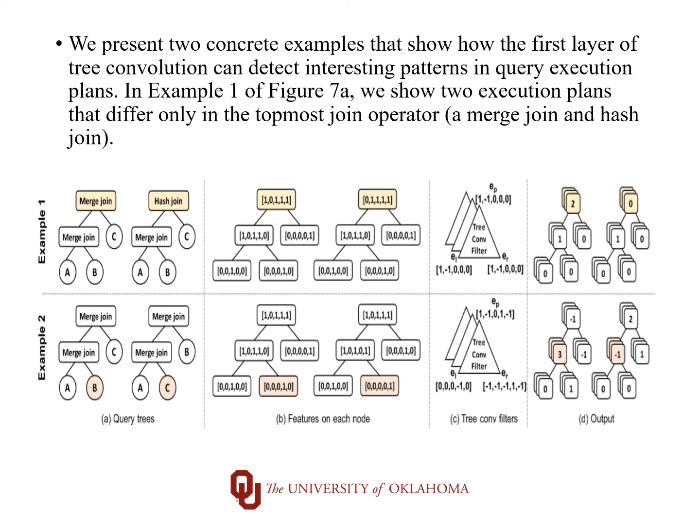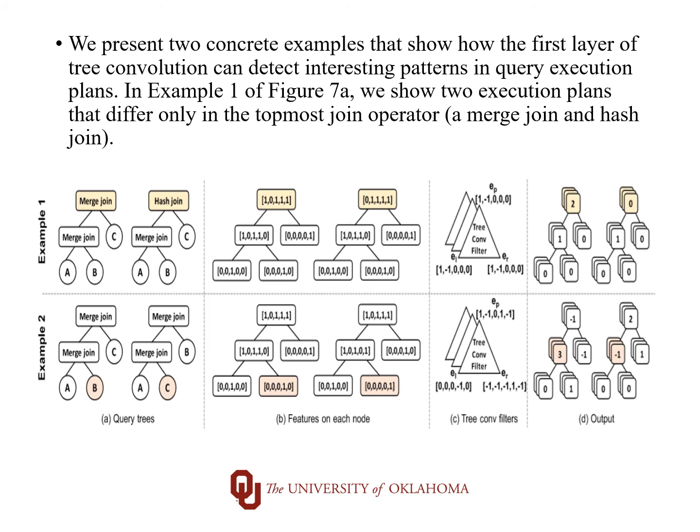A tree convolution filter, as you can observe in the top of figure C, comprised of three weight vectors with 1, -1 in the first two positions and zeros for the rest, will serve as a detector for query plans with two sequential merge joins. This can be seen in figure D top.